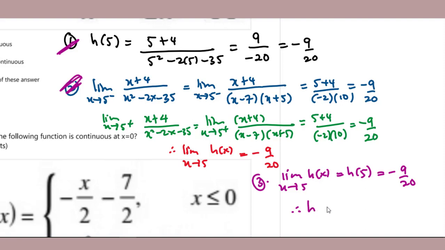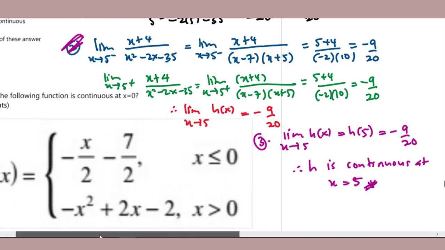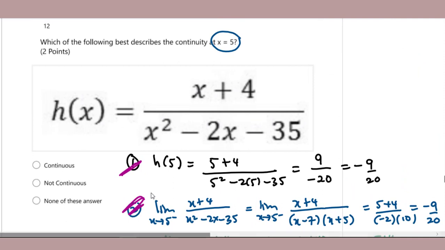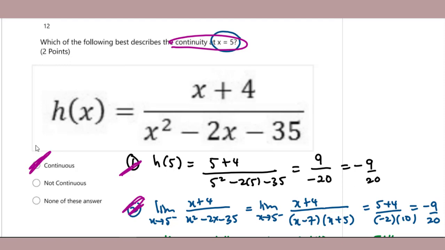Therefore, h is continuous at x equal to 5. For this question, describing continuity means that h is continuous at x equal to 5. The answer is continuous.